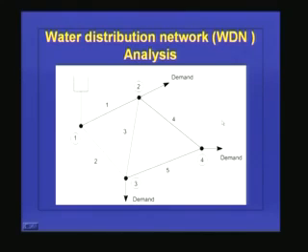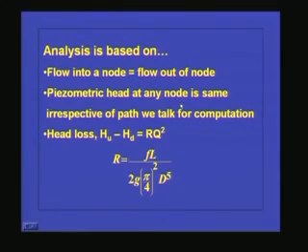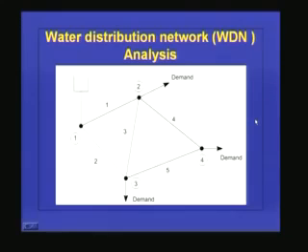That is one principle. Then, the piezometric head at any node is the same irrespective of the path we take for computation. That means, let us say I have node 4, I know the piezometric head at 1. The piezometric head at 3 is equal to the piezometric head at 1 minus the loss in pipe 2, then the loss in pipe 5 will give me the piezometric head at 4.